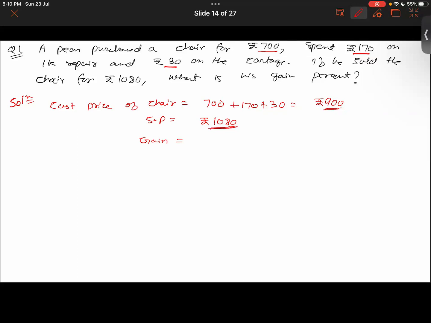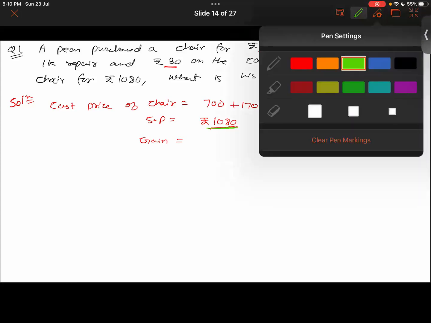You have to subtract cost price from selling price. Obviously gain happens only when our selling price is more than cost price. In this case, selling price is more than cost price. So obviously the formula has to be what?